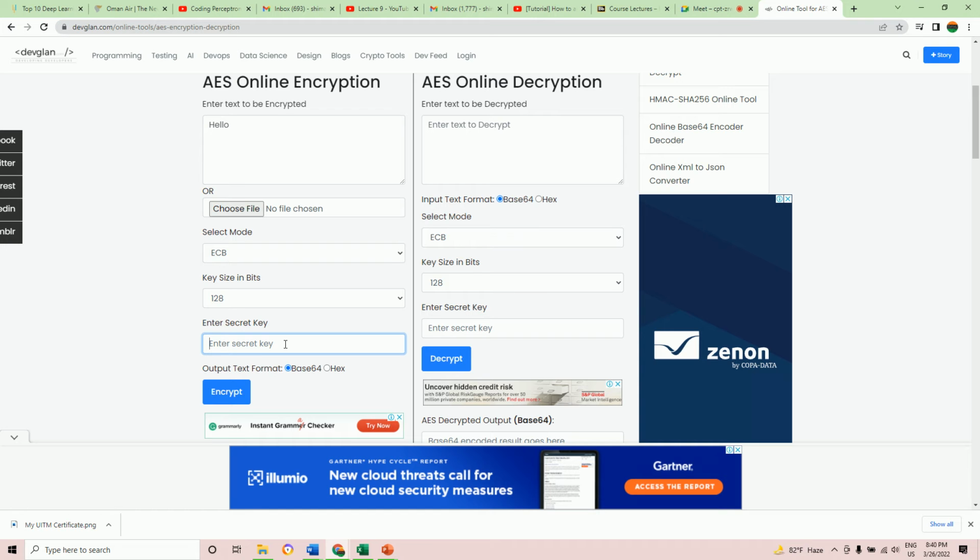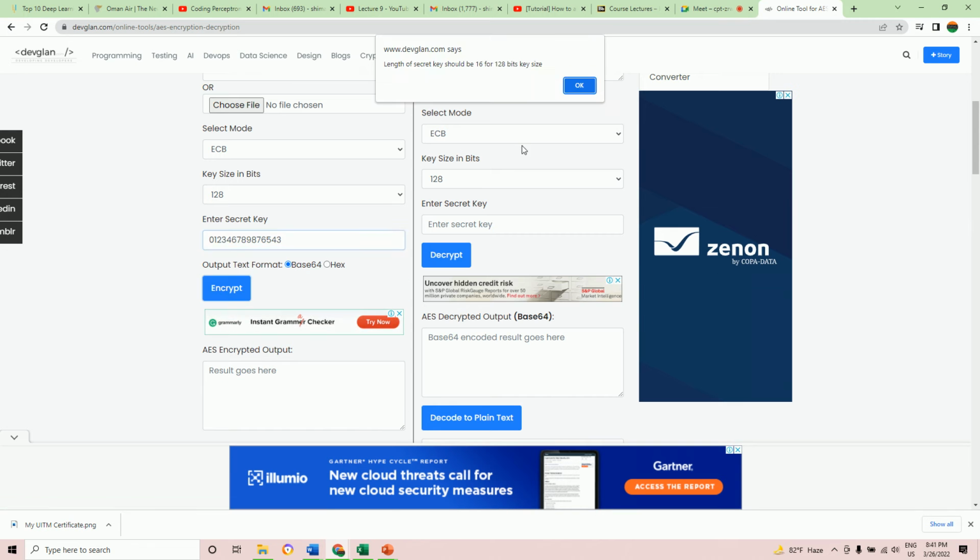The key is 0, 1, 2, 3, 4, 5, 6, 7, 8, 9, so we have 10 letters, then 8, 7, 6, 5, 4, 3. Actually I need 16 letters. So this is the key, students. It can be any numbers, you can put any key, I mean any key you can enter. Now I am going to encrypt.